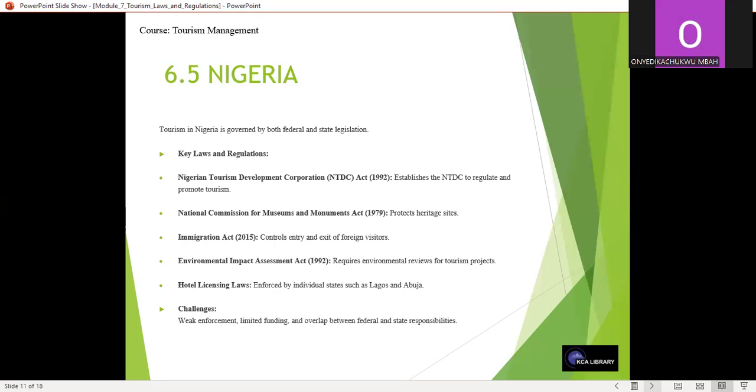National Commission for Museum and Monument Act of 1979, protects heritage sites. Immigration Act 2015 controls entry and exit of foreign visitors. Environmental Impact Assessment Act 1992 requires environmental review for tourism projects. Hotel licensing law is enforced by individual states such as Lagos and Abuja.